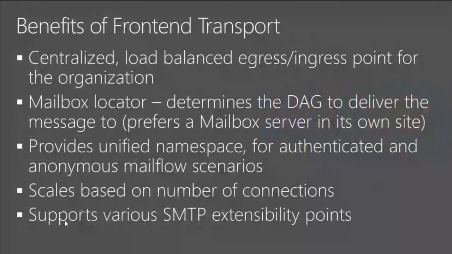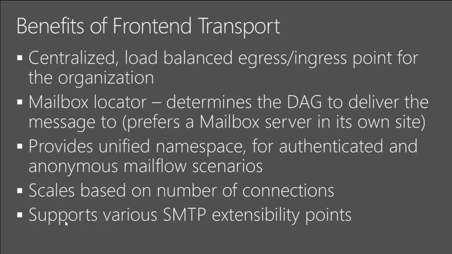Now, in terms of benefits of front-end transport, the primary role it possesses is that it looks at a piece of mail and finds the mailbox associated with that mail. When I say mailbox, I actually mean DAG. It finds out which DAG that user is in, and based on that, it will connect to the right transport service. And we'll talk about that a little bit more.